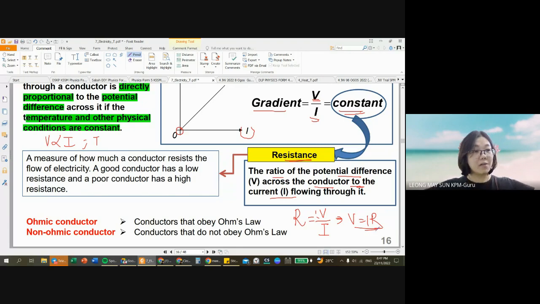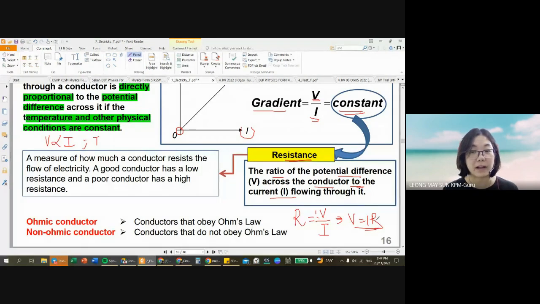Okay, so now I'm clarifying what you previously learned, that Ohm's law formula is V equals IR. All right, Ohm's law is potential difference directly proportionate to the current flow. Okay, resistance is the ratio of potential difference to the current.